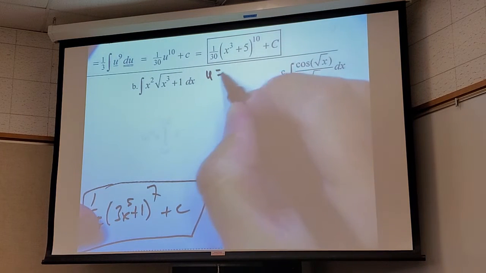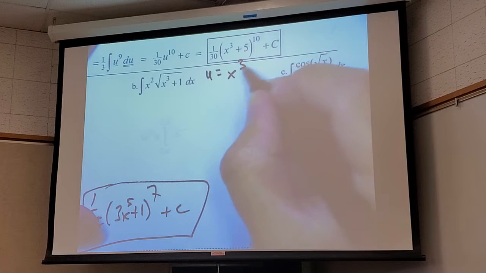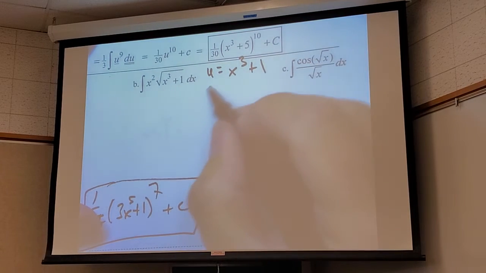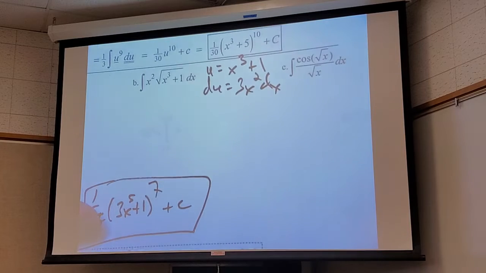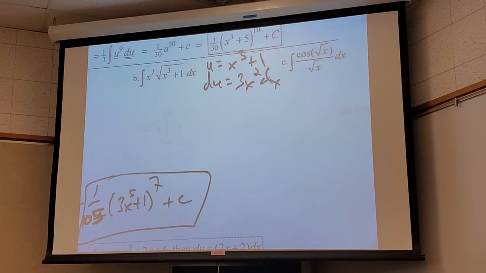So that makes sense to call u x cubed plus 1. What's du? 3x squared dx. Now real quick, other teachers teach this differently. They solve for dx. All right, if you like that, I'm going to try to wean you off that. Because that sucks, right?